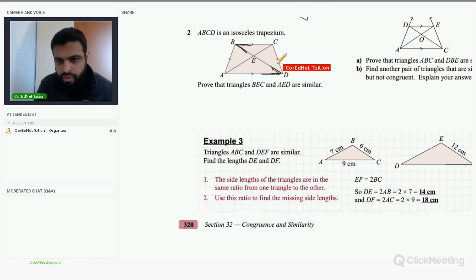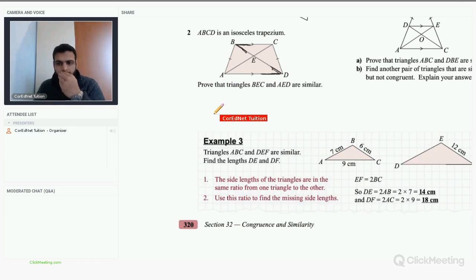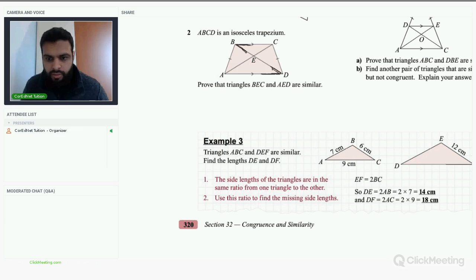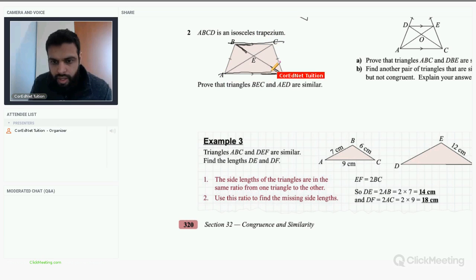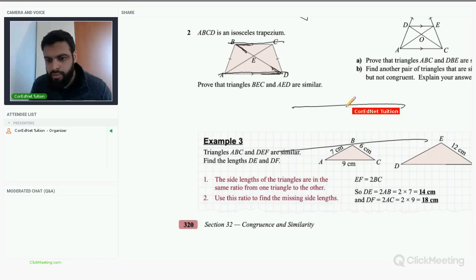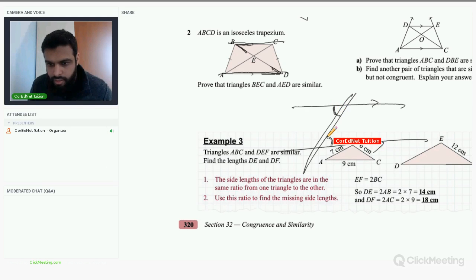So alternate angles, this and that equal the same. You've got to remember your understanding from previous topics like alternate angles. For alternate angles to be true, these two lines have to be parallel, don't they? Then that angle there and that angle there are going to be the same.